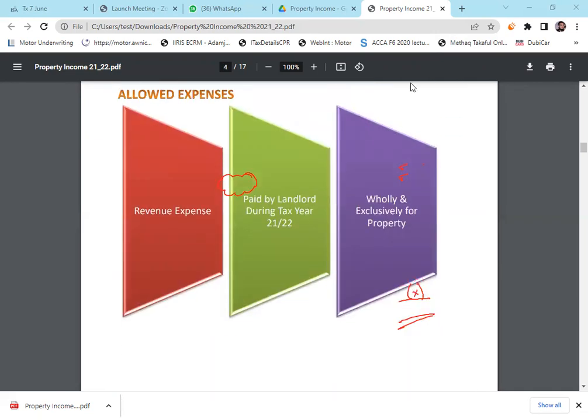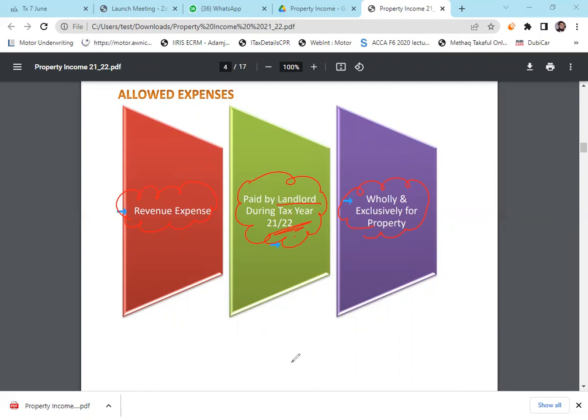Look at this slide, please. Expense must be revenue expense. Second, this should not be personal expense of landlord. This expense must be property related expense. Revenue expense, property related expense, and the third one is paid by landlord during the tax year 21-22.